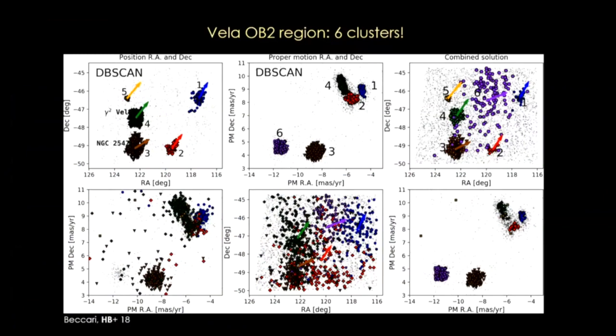So this is here on the sky, RA/Dec, and this is the proper motion. And in total, in this region, we could identify 6 clusters. And one of them we only identify in proper motion because it is very spread on the sky and it's not as compact as a cluster.